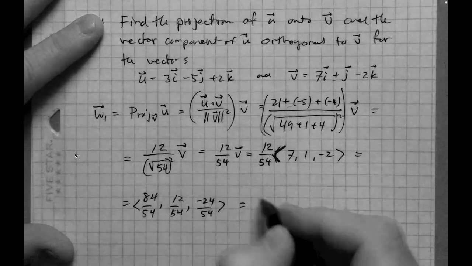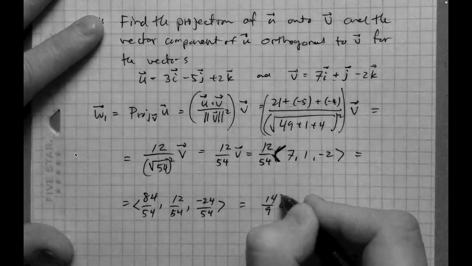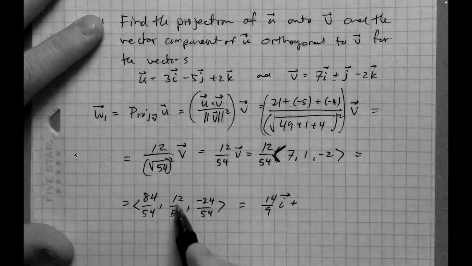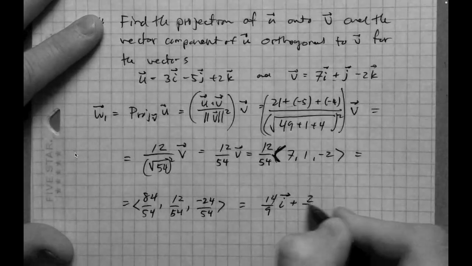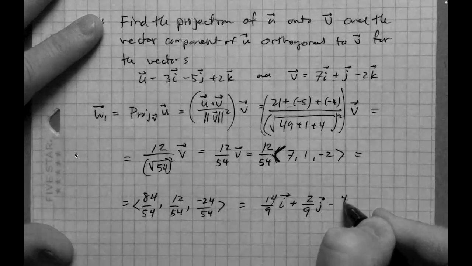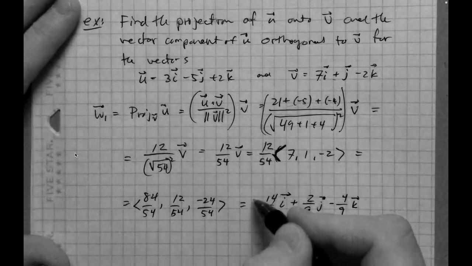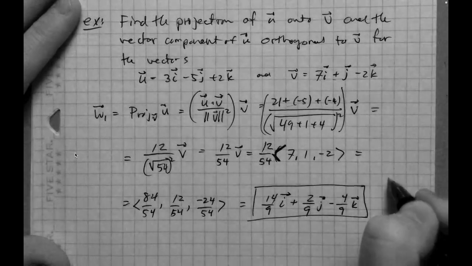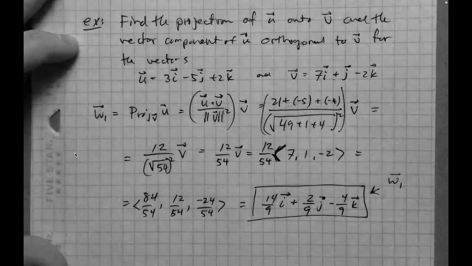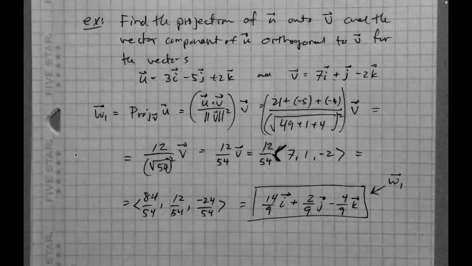Okay, and this will all simplify down, and I'm going to put it back in ijk. So this would be 14 over 9 when we do that division. We simplify that first fraction, and then this will be 2 over 9, and then minus 4 over 9. Okay, so this is w1. Not the prettiest vector in the world, but it is indeed a projection of the given vector u onto v.